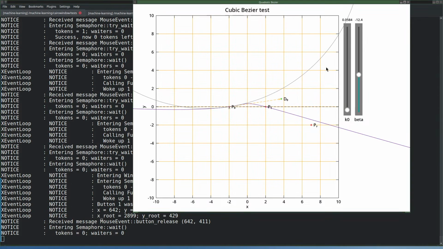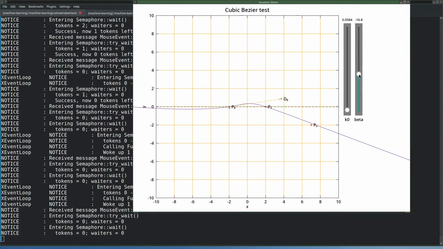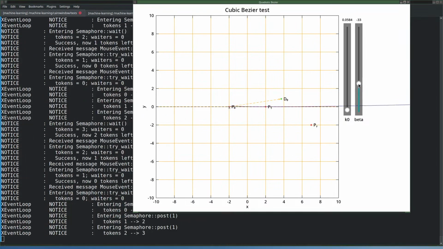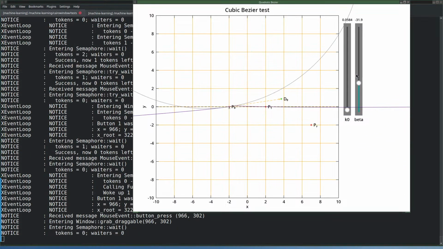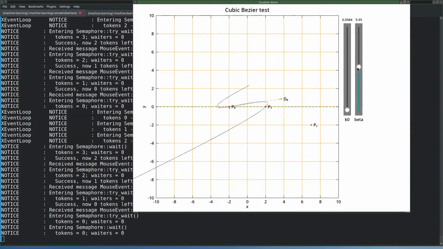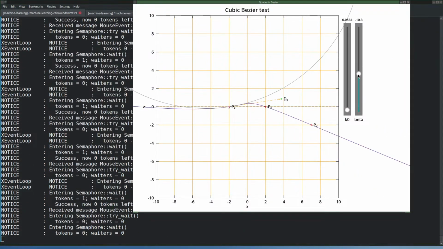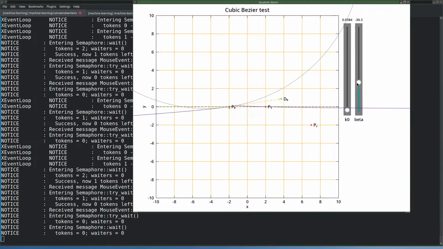Well, beta is especially able to reach this part, like below P1 rather than above it. But yeah, that's the result. If you want to go above this line, then you really have an S shape.